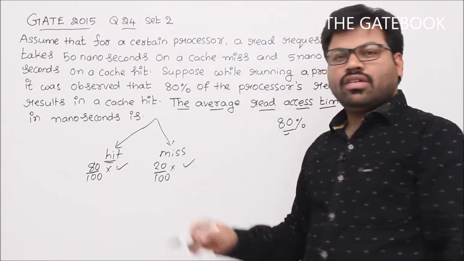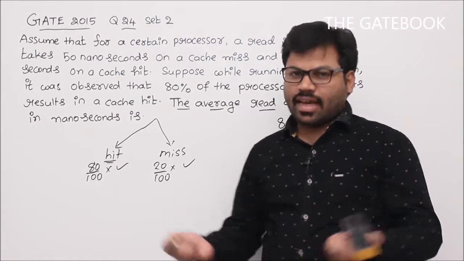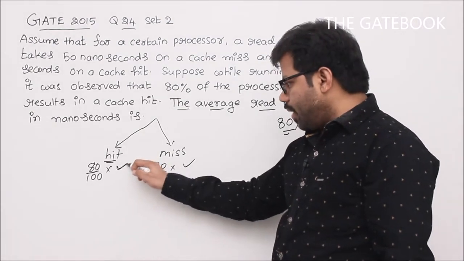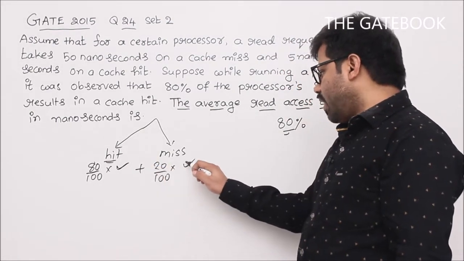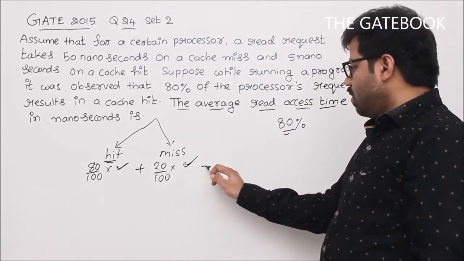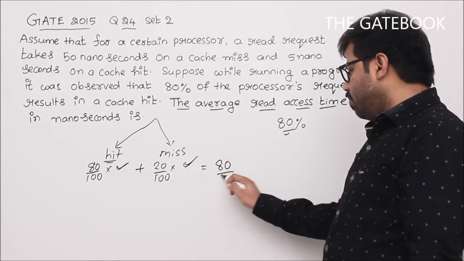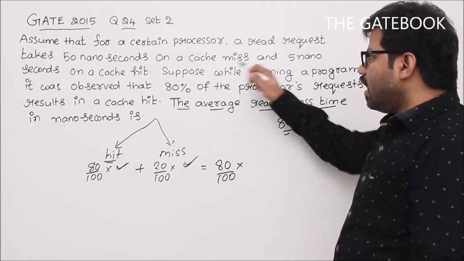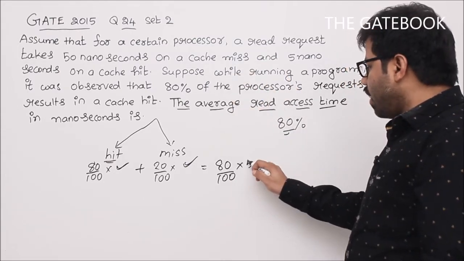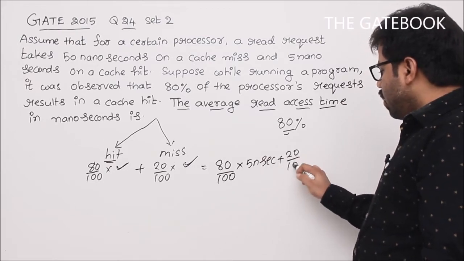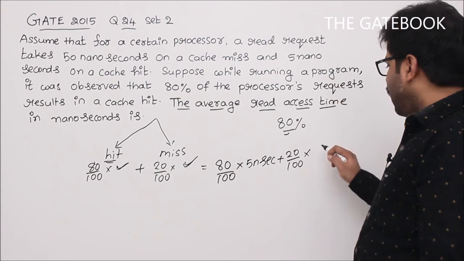If you find that out, you get the average access time. The formula is: 80% of the time read penalty plus 20% of the time read penalty is the total average read penalty. So 80% of the time we invest only 5 nanoseconds, as clearly mentioned, and 20% of the time we invest only 50 nanoseconds.